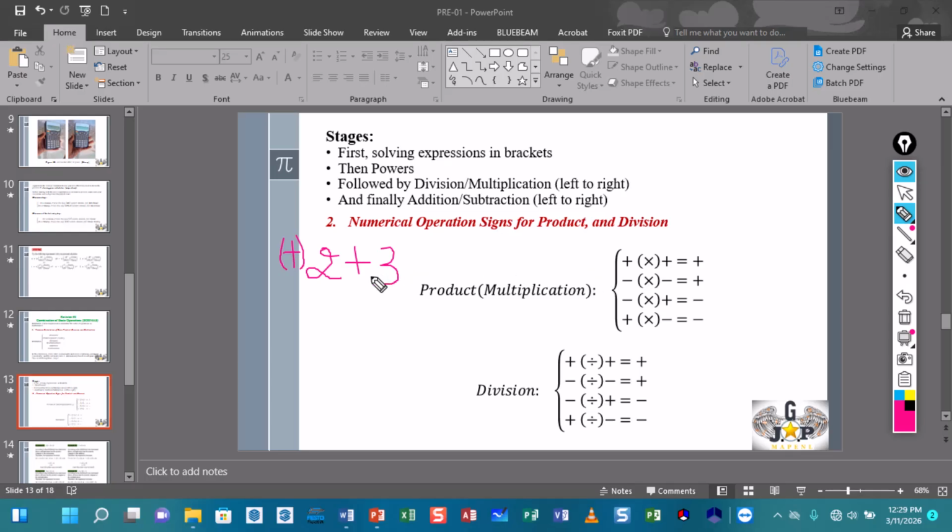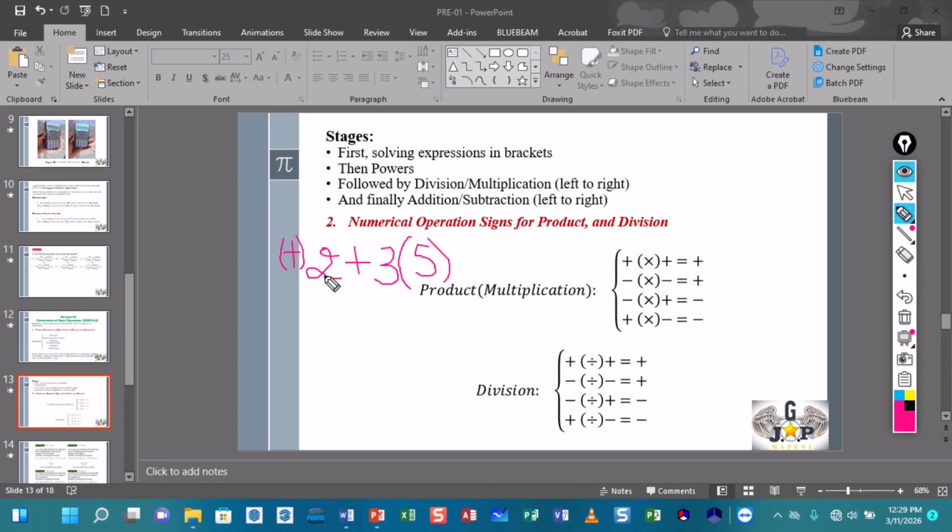But if I go ahead and say this 3, I multiply it. I'll put a bracket. A bracket means multiplication, or a dot. It's the same thing. It's a product. So I say 5, something like this.